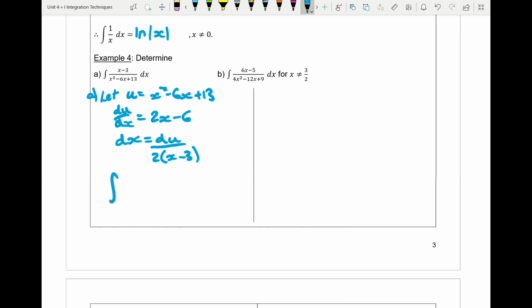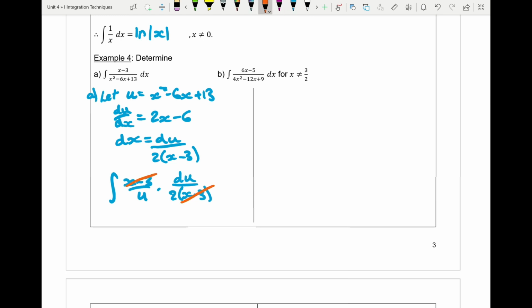We have the integral of x take 3 on u times du on 2 times x take 3. Again, I've just replaced dx there with du on 2 times x take 3, and I've replaced x squared take 6x plus 13 with u there. And we get some cancellation between our x take 3 and our x take 3.